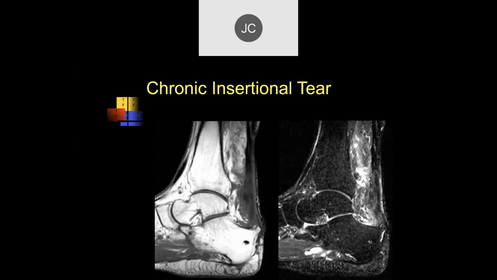But this may be a situation like John was talking about where this has tried to scar in and heal, but it hasn't healed properly because the patient has continued to be mobile and keeps injuring the tissue before it has a chance to fully heal. That's one thing about tendons that's quite different from ligaments.